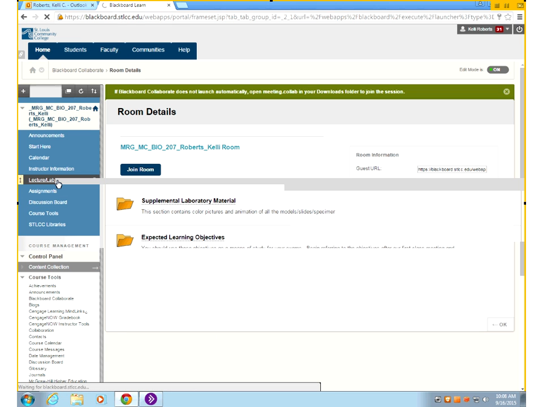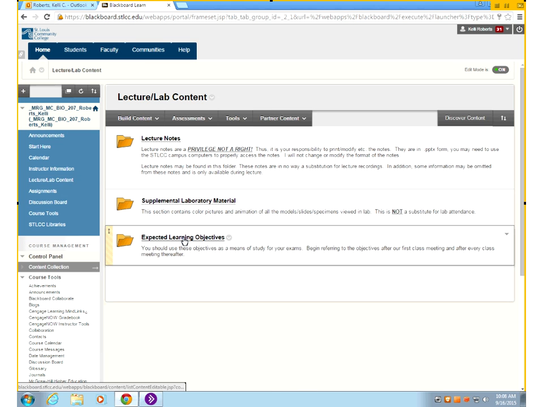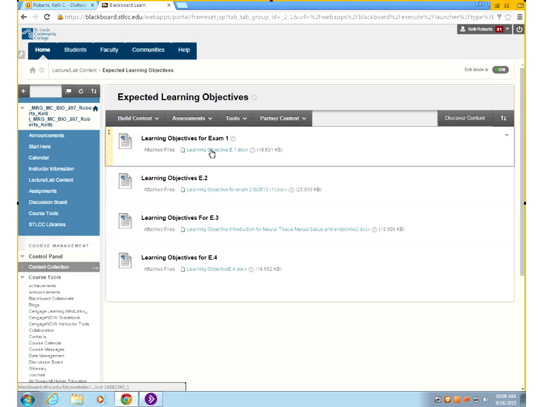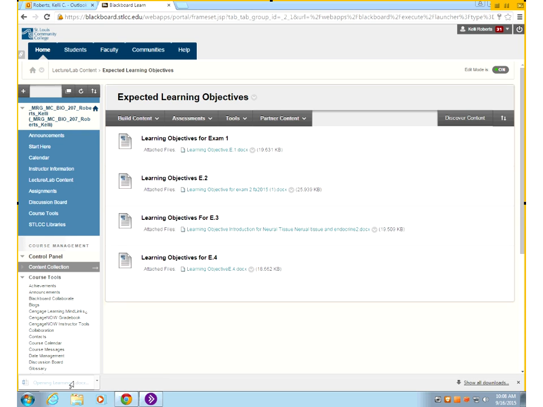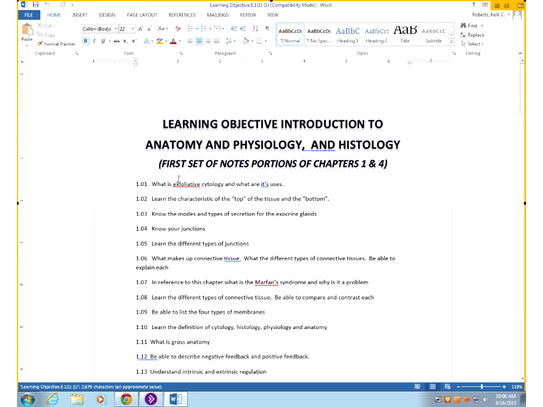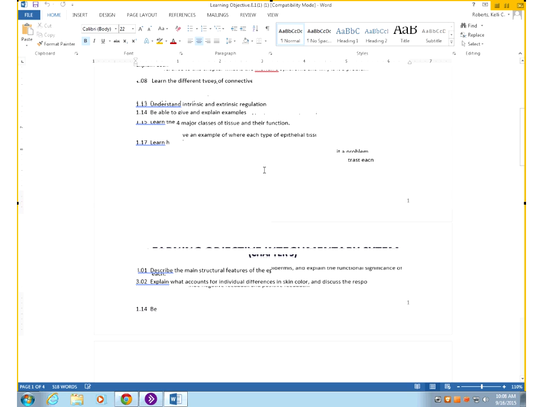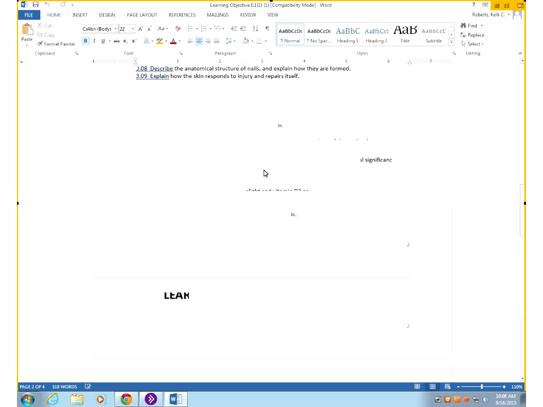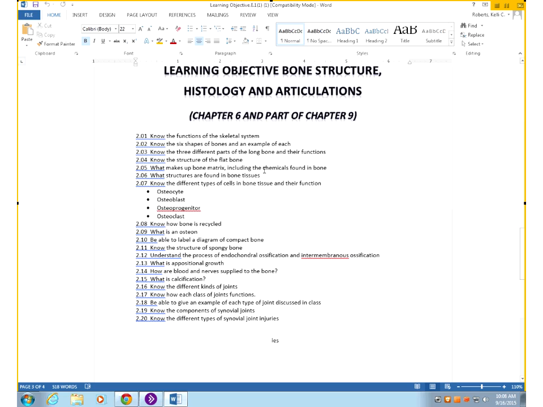So if you go into your lecture lab content folder and you go to expected learning outcome or learning objectives, and then you click on this first one, learning objectives for exam 1, you will see the following, and it even says which portions, which chapters it's coming from. So these are your learning objectives, and this is the best thing that I can provide for you as a study guide. If you know these objectives, you're in a really good position.